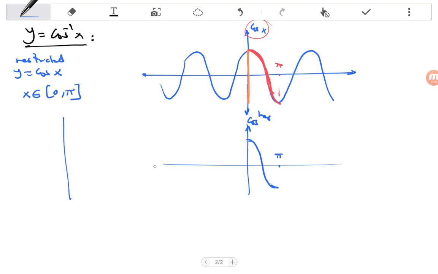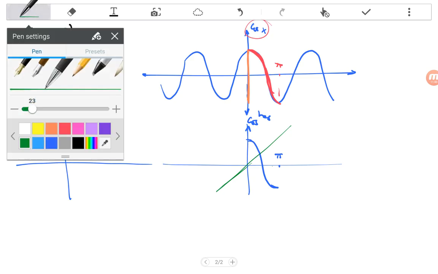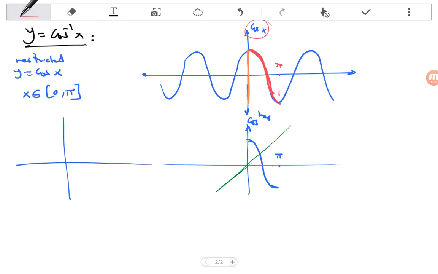If I need to graph the inverse function, I may make the graph by a reflection about y equals x. So I will just make it like that. This is the reflection for this part. Then there is another reflection for this part, and so on. But I may also make the inverse by interchanging the coordinates of each special point.